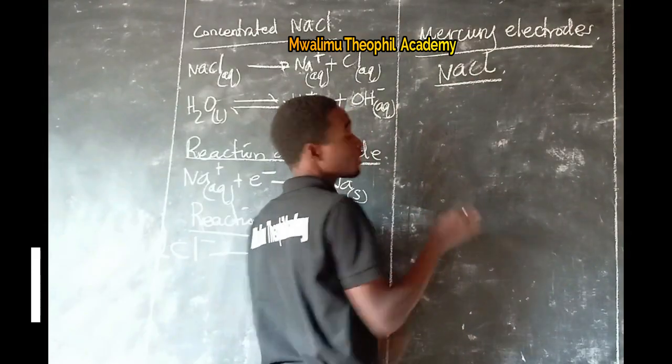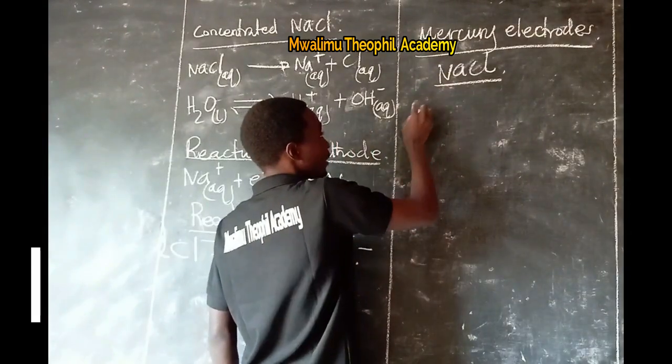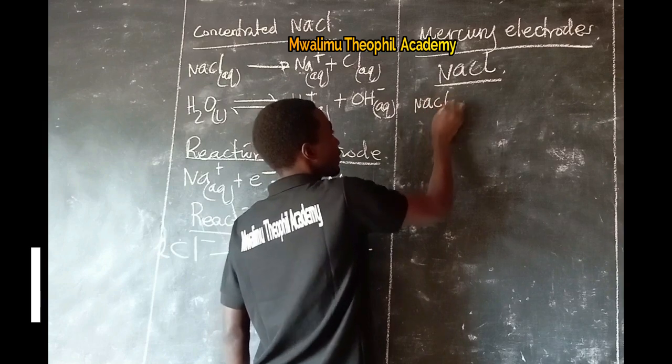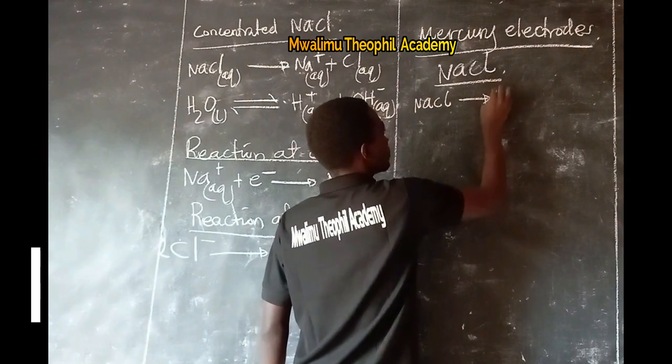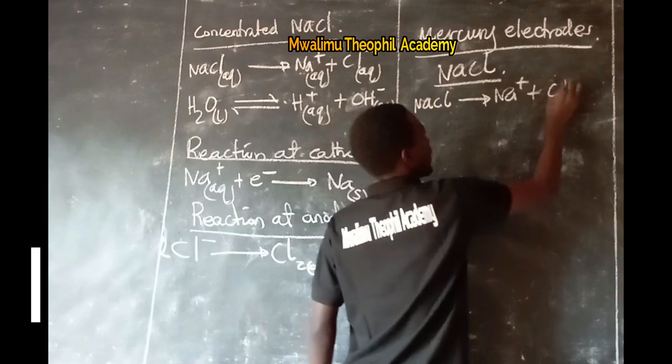Now we have to know that if it is a solution, the sodium chloride will dissociate to form sodium ion and chloride ion as usual.